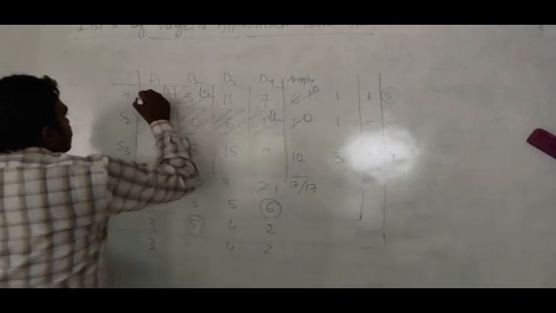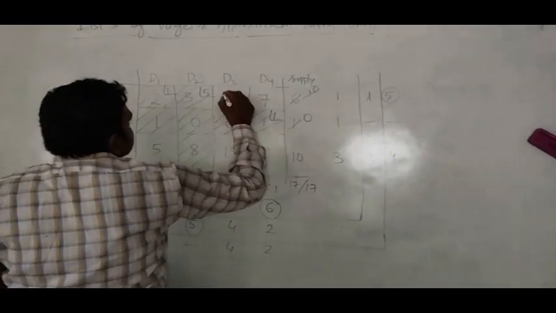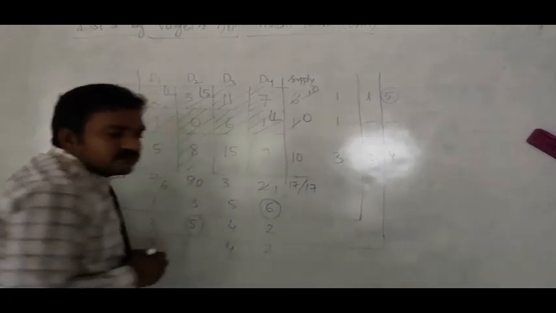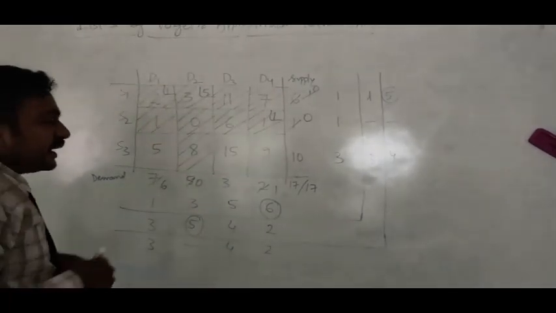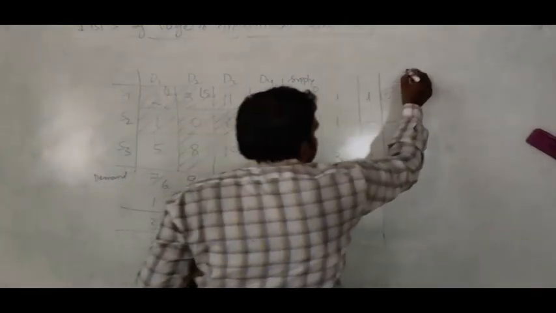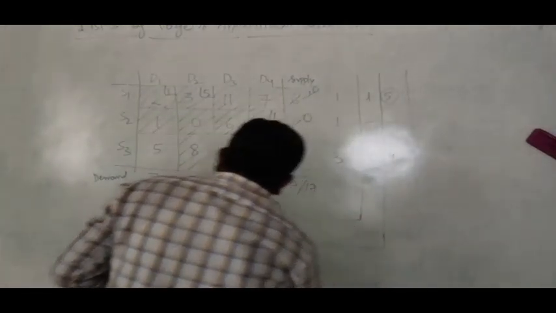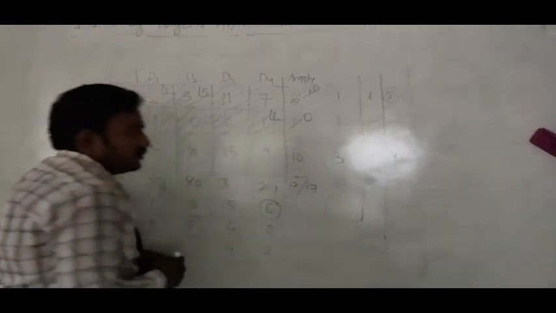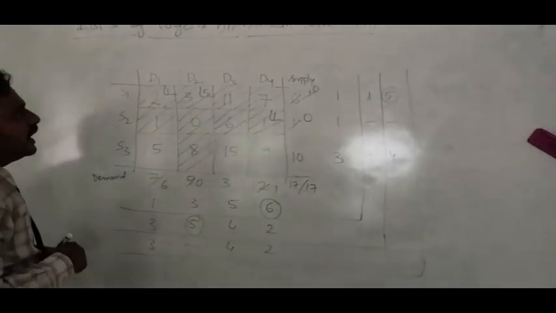So this is at 0. So eliminate this particular row from the table, and again find out the penalties. Again finding out the penalties.